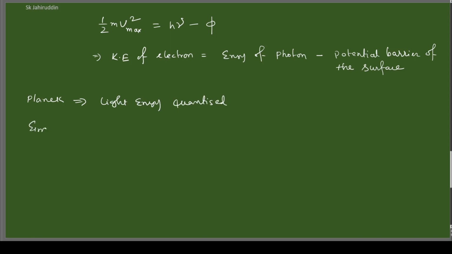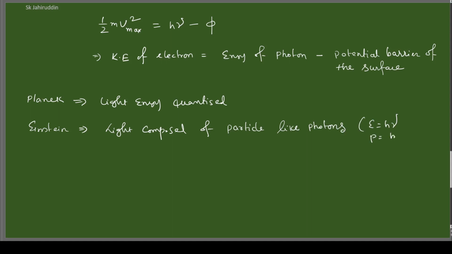Then Einstein told you, of course, that light is composed of particle-like photons, with energy h nu and momentum h nu by c.